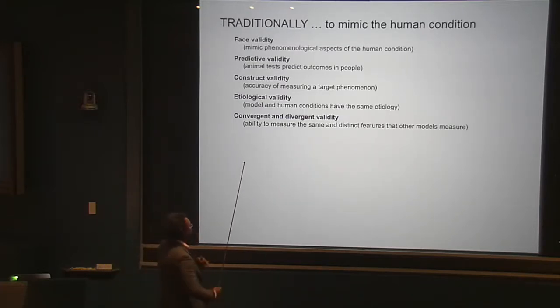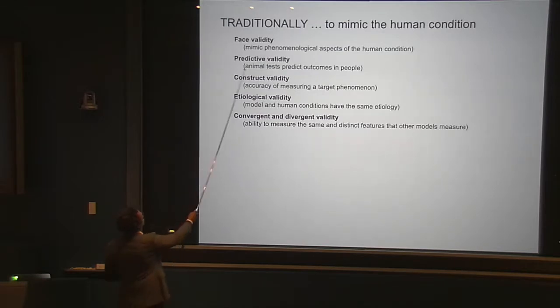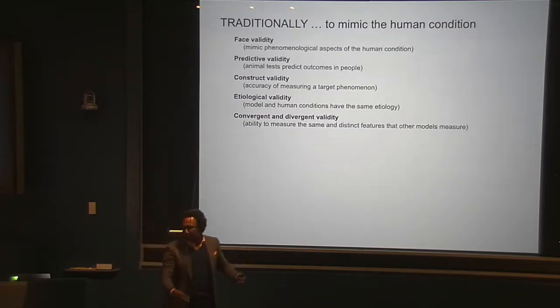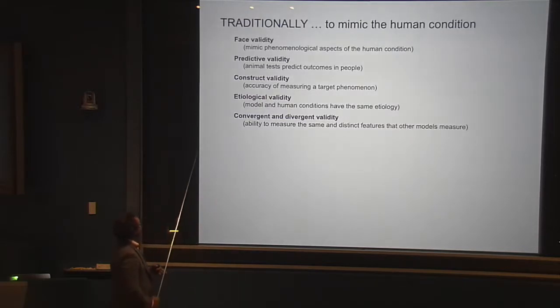Okay? And if you do that, then you ask questions like this. How valid is this model as a mimic of the human condition? Are the symptoms similar to what you might imagine? Is the etiology, the way that the symptoms arise or the manipulation arises, does that match what you might find in the human condition, and so on?